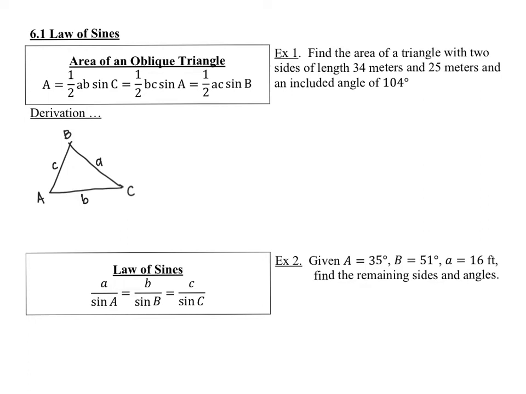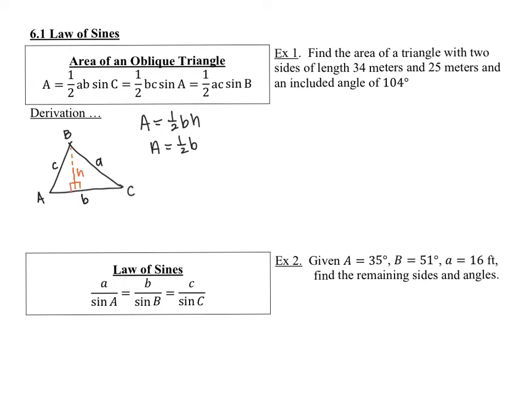Okay, normally to find the area of a triangle, I do area equals 1/2 base times height. Now in this case, the base happens to be b, but the height is not indicated. So I'm going to draw in the height. Now if I wanted to find the height, I could use SOHCAHTOA.